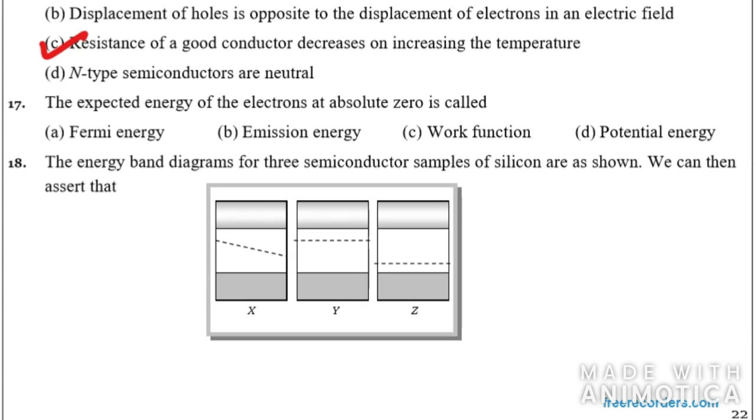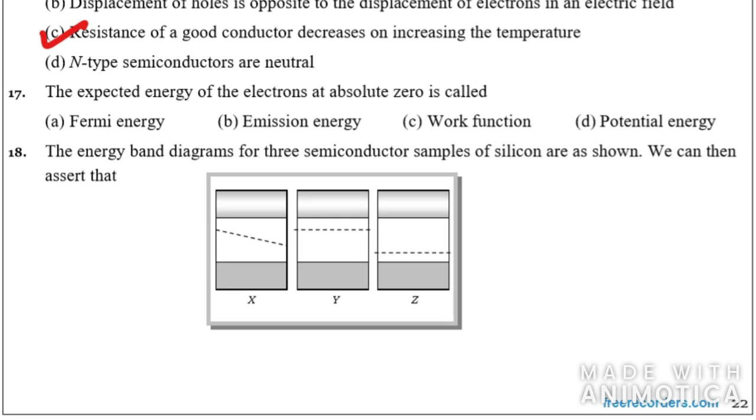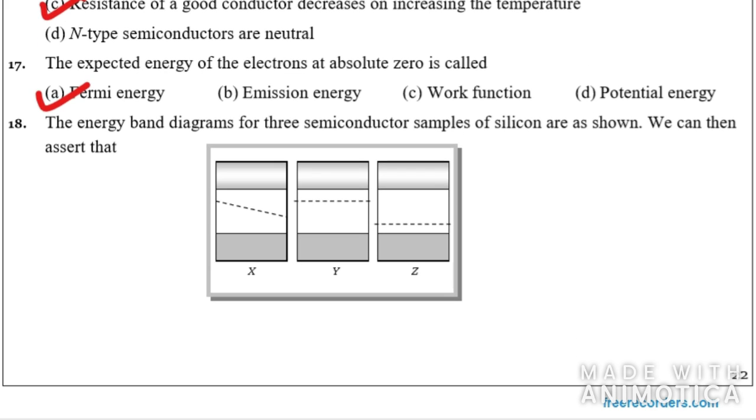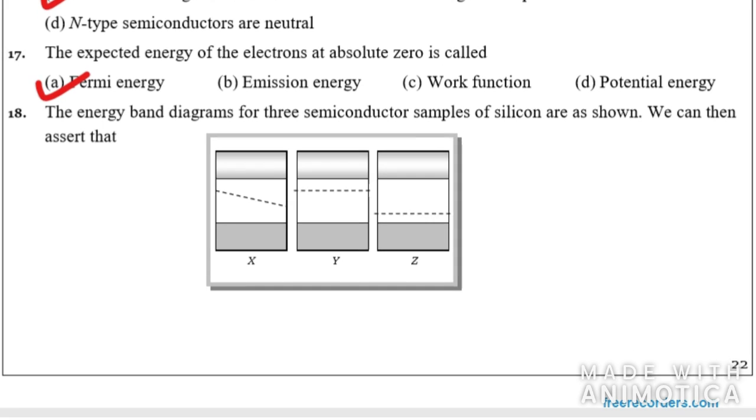17. The expected energy of the electrons at absolute zero is called: Fermi energy, emission energy, work function, potential energy. So that's Fermi energy at 0 Kelvin. The energy band diagrams for 3 semiconductor samples of silicon are as shown.